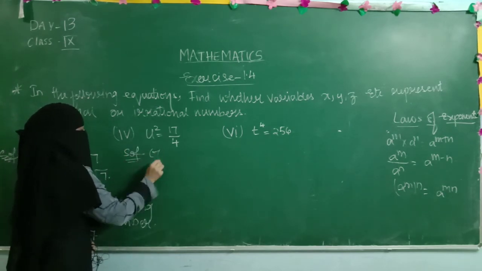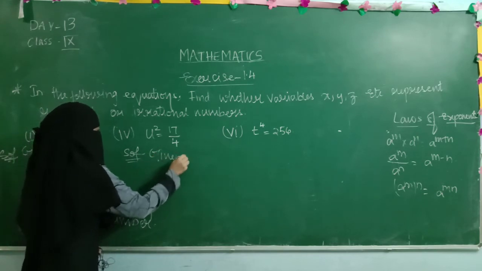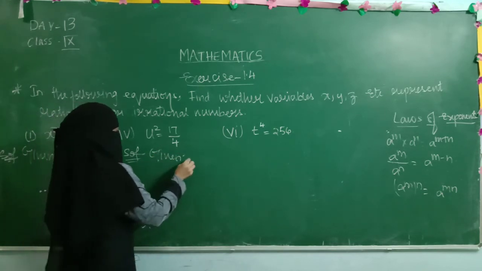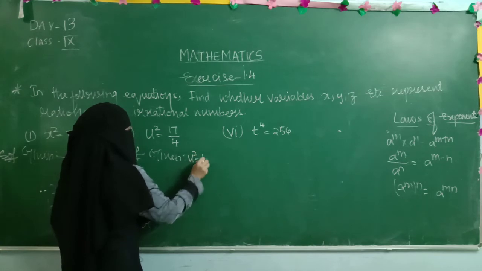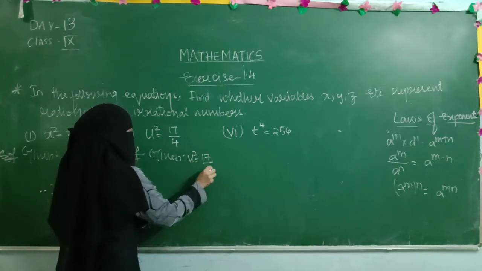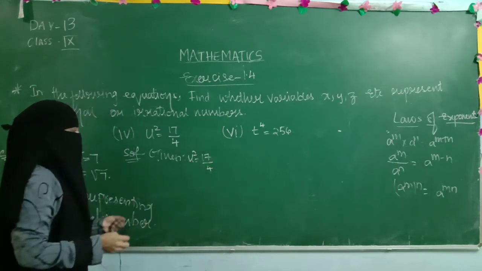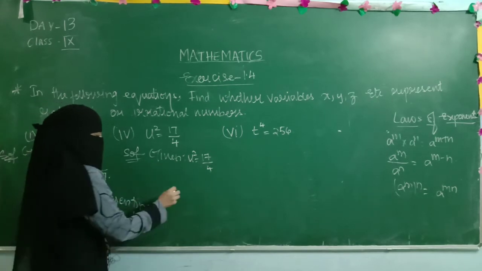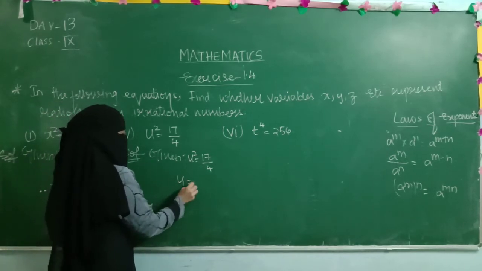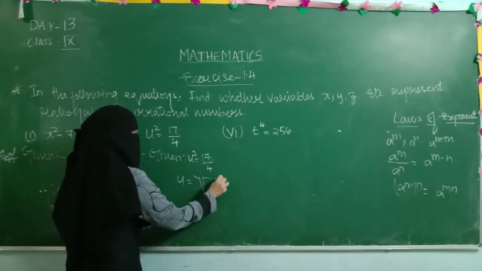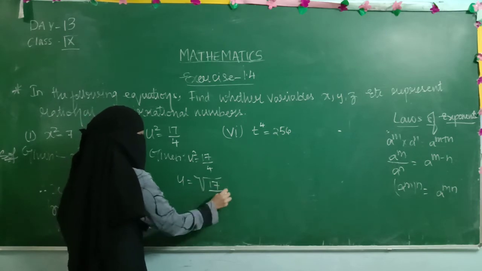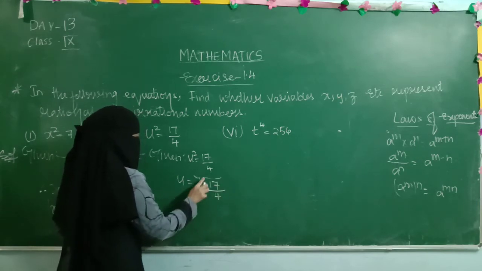Solution. Given: what is given? u square equals 17 by 4. Now we need to remove this square from this term. So u equals under root of 17 by 4.